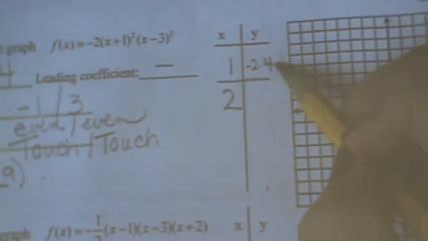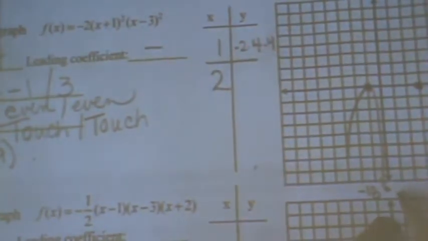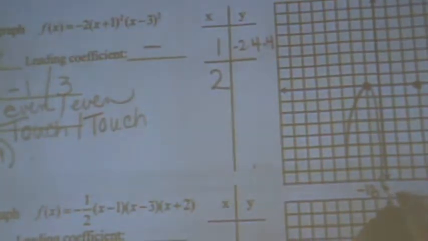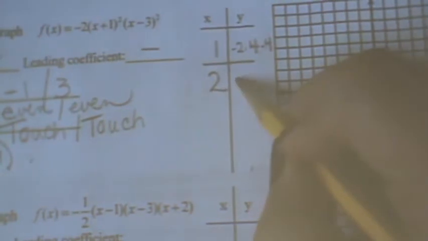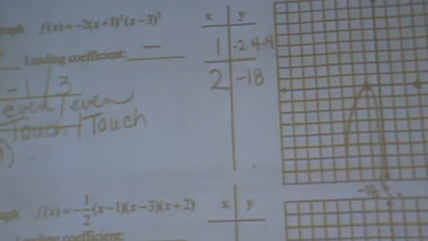This is going to be a positive form. So that's a dot, it looks like a negative. You're going to go down to -32. And then when you plug a 2 in here, you're going to get -18. So what's happening here is it's shooting down. If I drew a better picture, this thing is going to touch at -1, right?